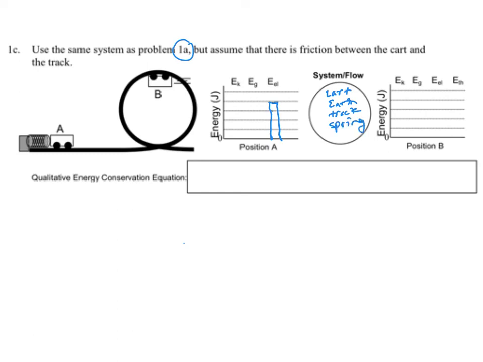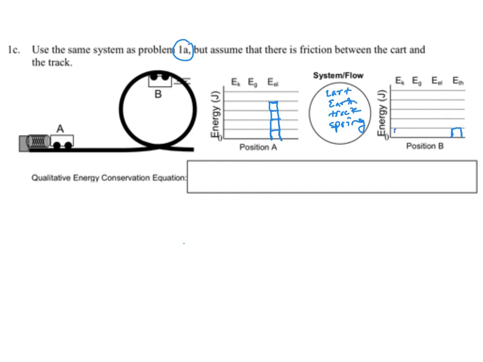So I say I've got 4 blocks of energy at the beginning, but now because there is friction, there's going to be some thermal energy. I'm in trouble because I didn't give enough kinetic energy before, so I'm going to have to make this inconsistent with my last one. I'm going to have 1 block of thermal.